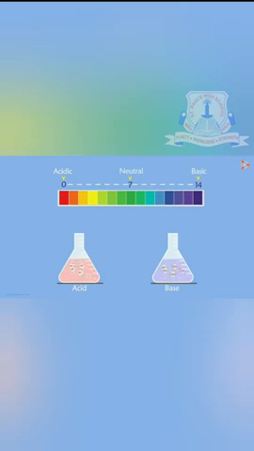So, hence we know that if the pH value is 0 to 6, then it is acidic. If the pH value is 8 to 14, then it's a base.